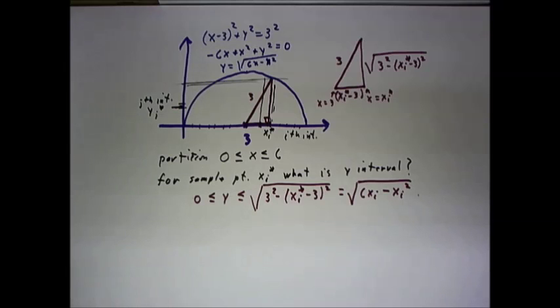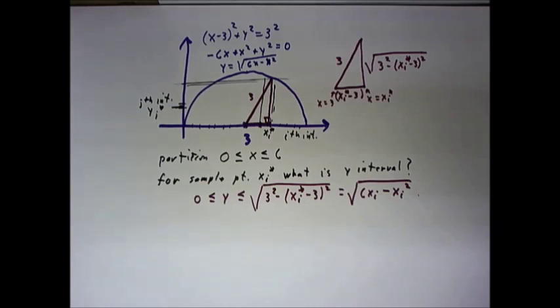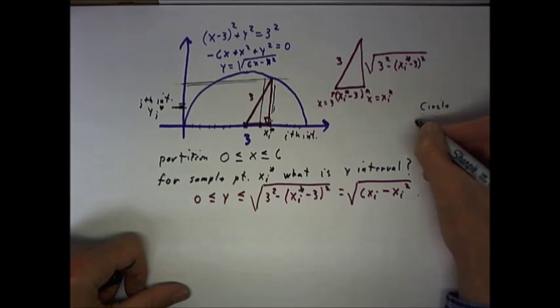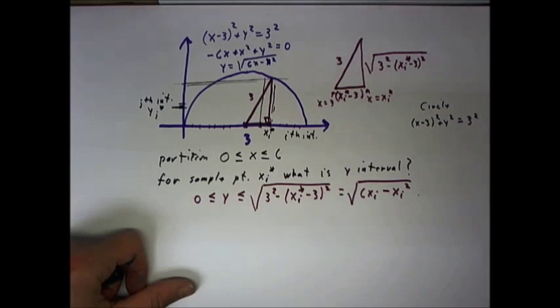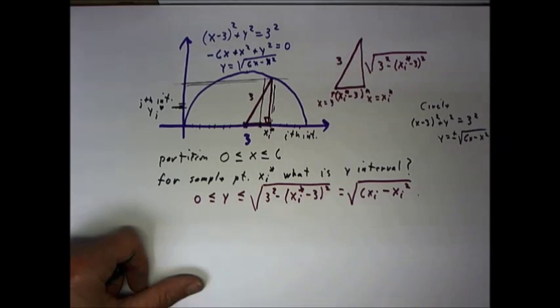It's also worth noting, and I'll just note this off to the side, that this is the upper half of the circle. x minus 3 squared plus y squared equals 3 squared, which again has solution y equals plus or minus the square root of 6x minus x squared.